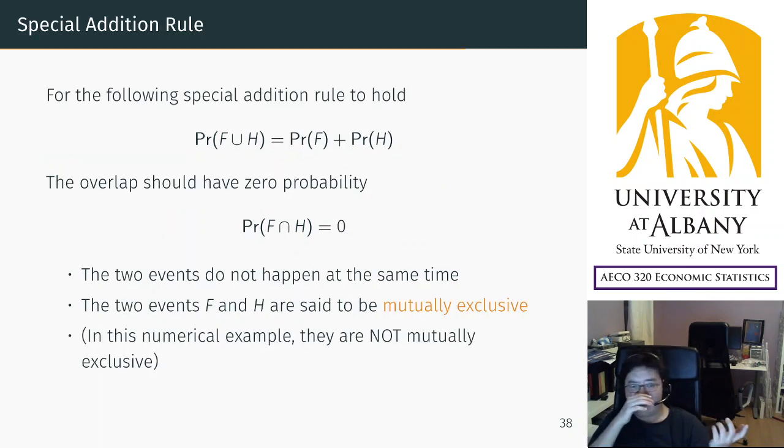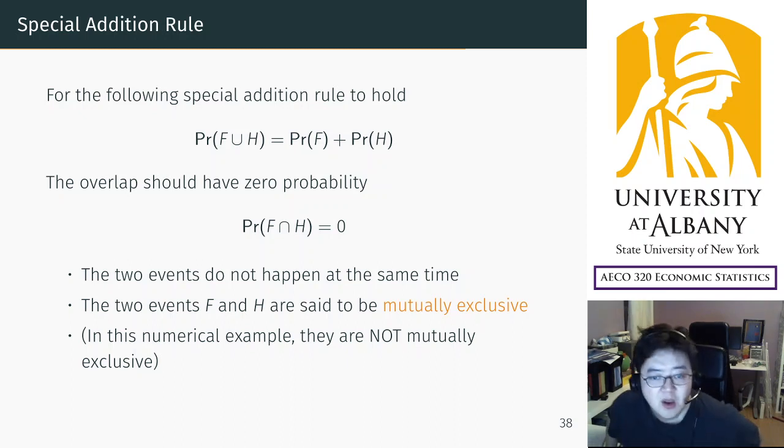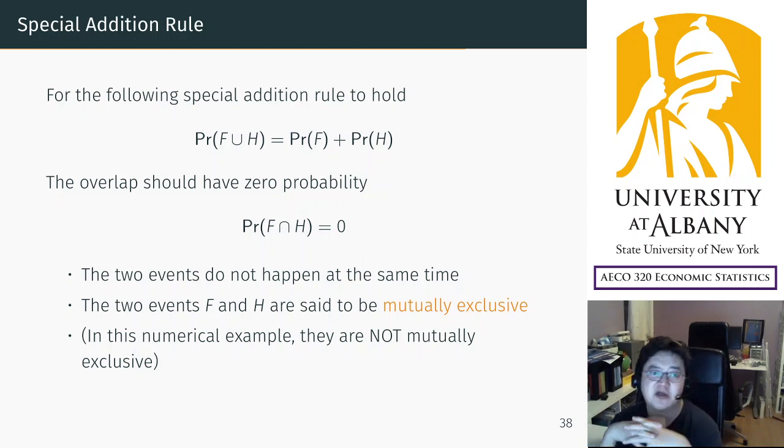And if you don't like that part, then alternatively you have to make an assumption. You have to assume that there is no double counting, which means the probability of the intersection is 0. It is a special addition rule, but it does not apply to the general case.